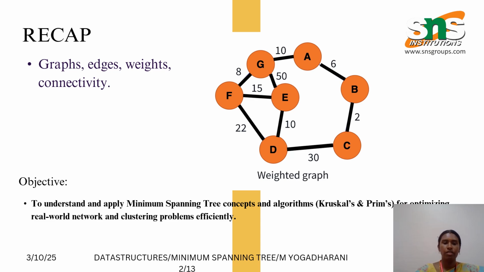Biconnectivity is nothing but, in a graph there is a vertex, if I do not visit that vertex, then it does not fulfill visiting all the vertices, and that graph must not be complete, and that point is called an articulation or a connectivity point.